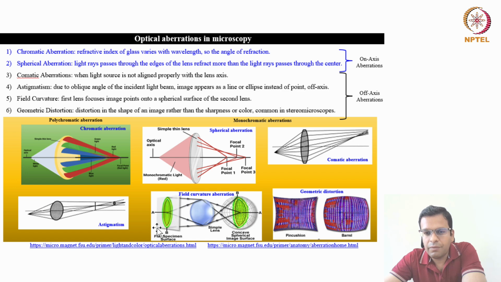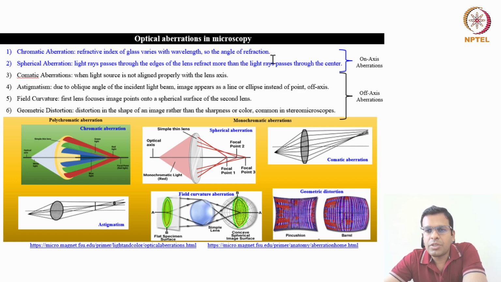Ideally the flat specimen surface image should be like this, but because of the concave spherical nature of the surface where the image is being projected, you will see the image like this. This is known as the field curvature aberration. And the last type of aberration is known as geometric distortion, which can be of two types: barrel distortion or pincushion distortion. Those kinds of geometric distortions may also take place in the image.